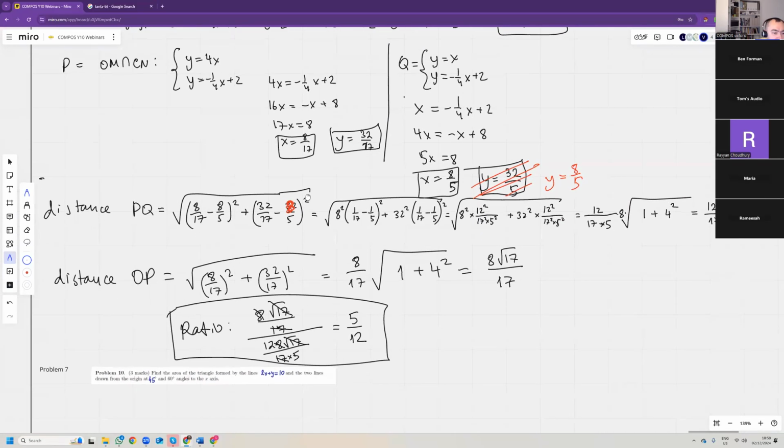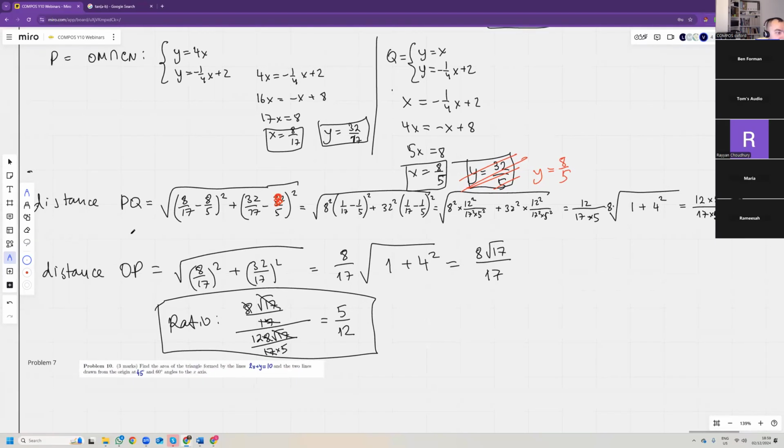Distance OP. Okay, so I need to recalculate that.